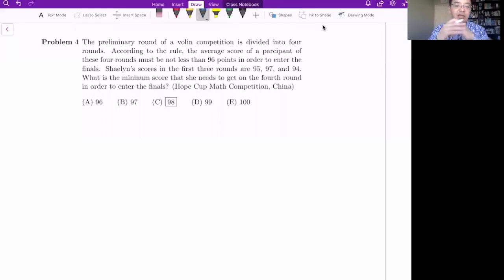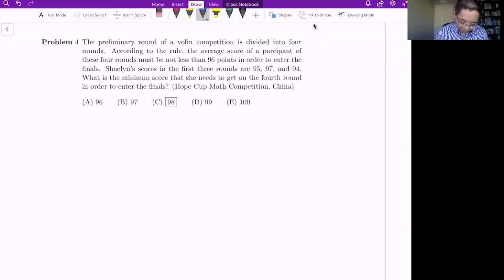All right, now let's do problem number 4. It says, according to a rule in a violin competition, the preliminary round has 4 individual rounds, and in order to enter the finals, the average score of those 4 rounds has to be no less than 96.